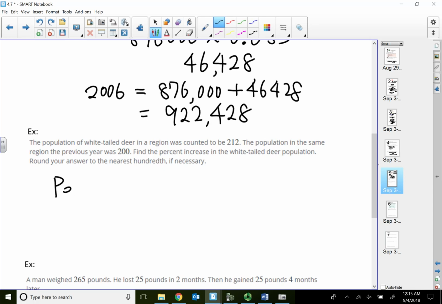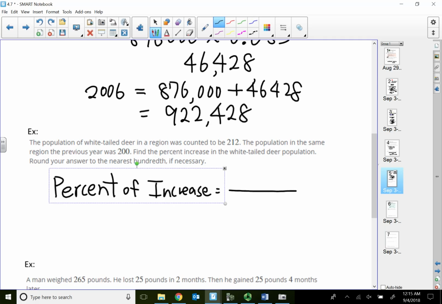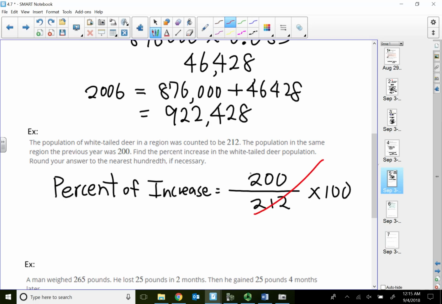What students normally do for percent of increase is take the 200 up here divided by 212, then times 100. Why is this wrong?